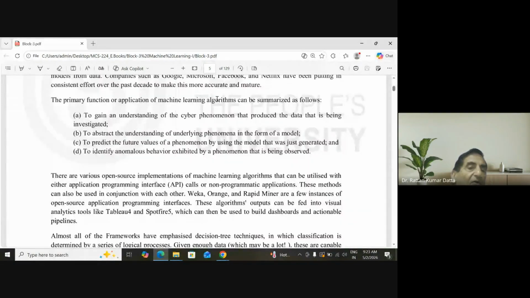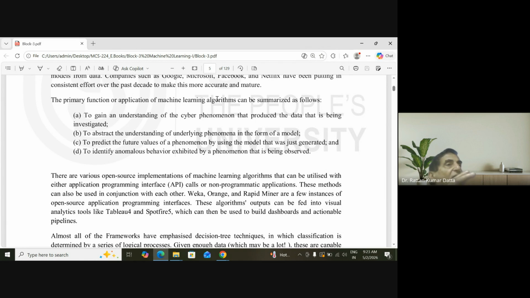Okay, then we go to gain an understanding of the phenomenon that produces the data being investigated, to abstract the understanding of the underlying phenomenon in the form of a model, to predict the future values of the phenomenon by using the model that was just generated, and to identify anomalous behavior exhibited by the phenomenon being observed.